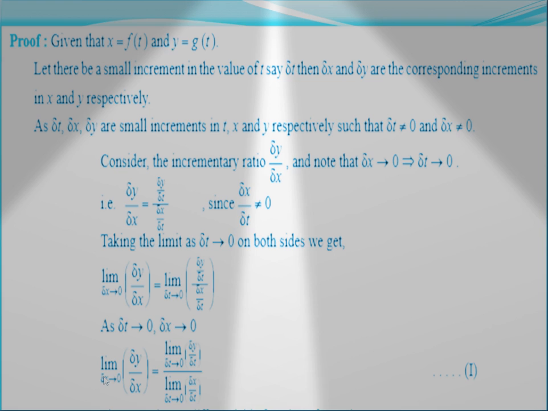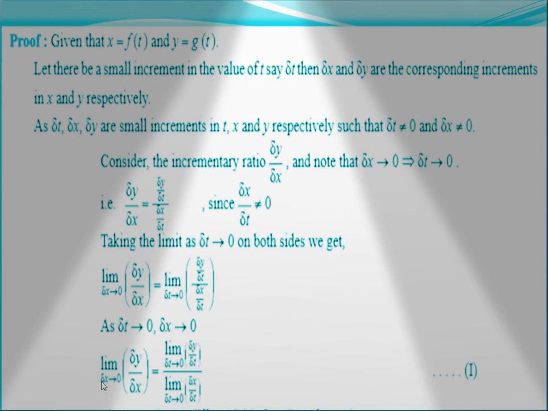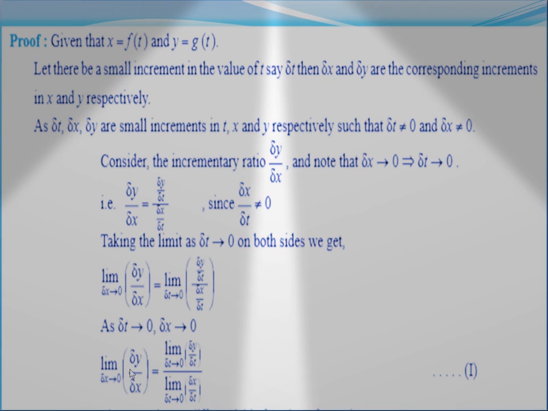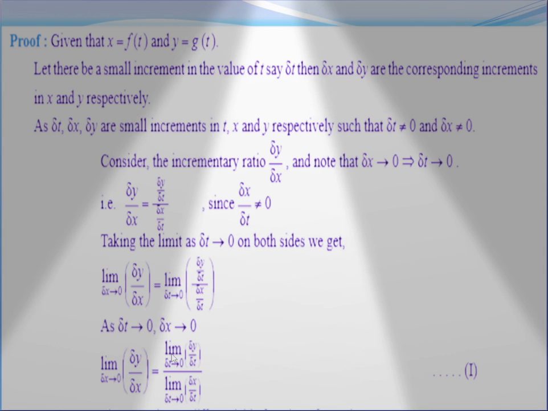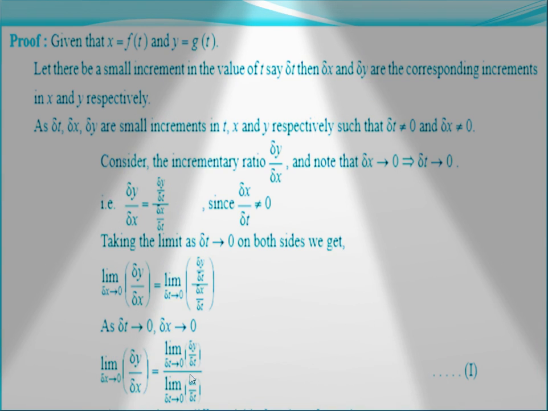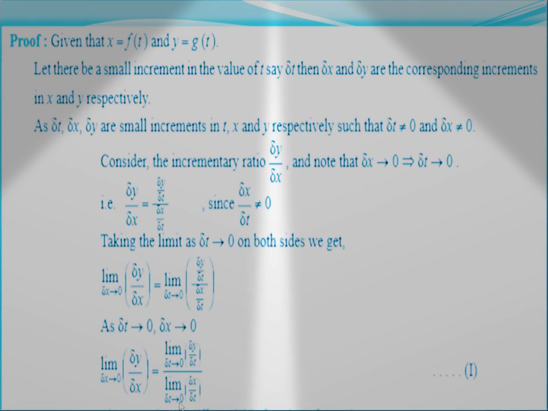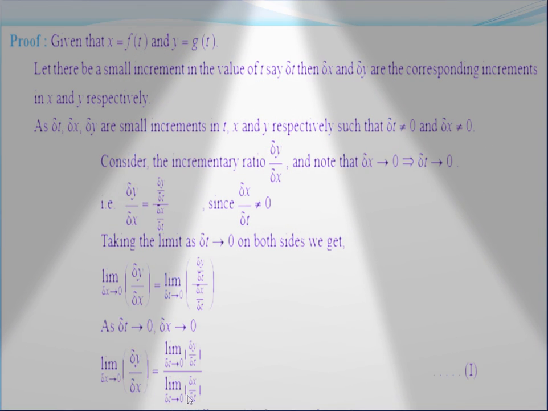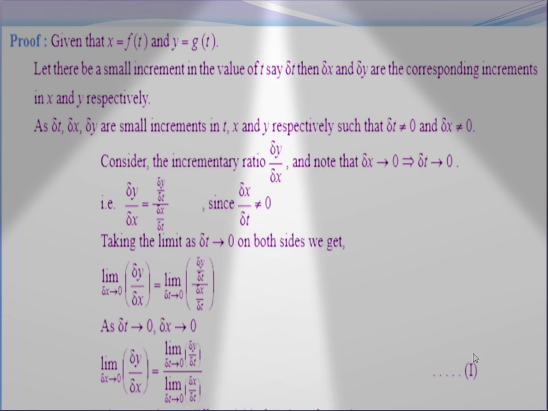Therefore, our equation becomes limit delta x tends to 0 of delta y upon delta x is equal to limit delta t tends to 0 of delta y upon delta t upon limit delta t tends to 0 of delta x upon delta t. Say this as equation number first.